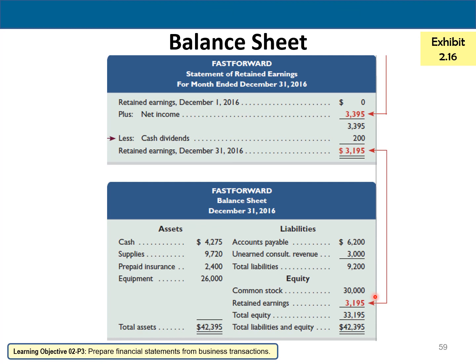Then the retained earnings balance gets pulled from the statement of retained earnings and added to common stock for a total equity number of $33,195. So we have total liabilities and equity of $42,395 and total assets of $42,395. We're in balance, right?